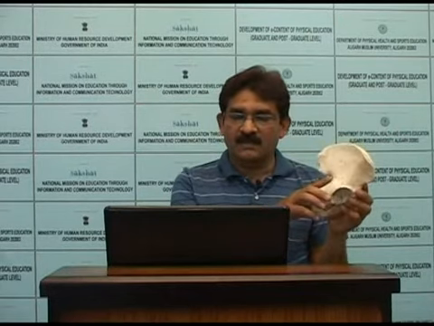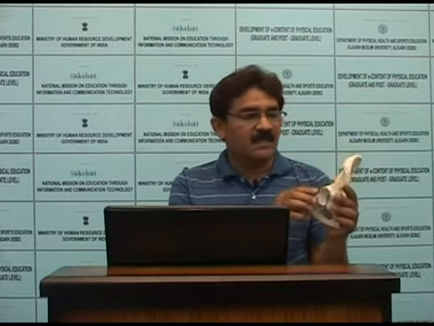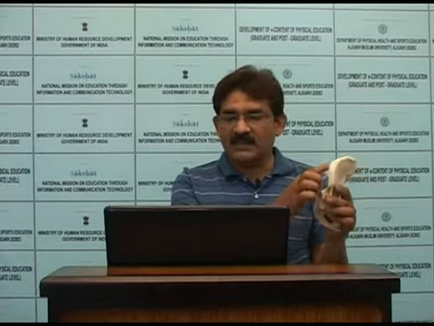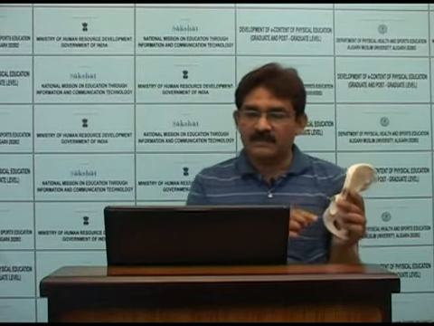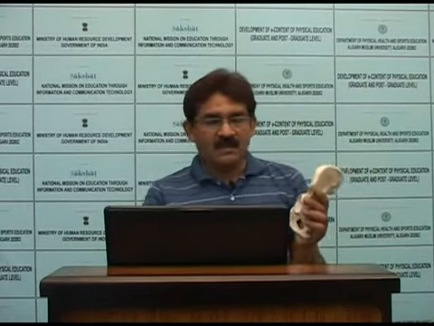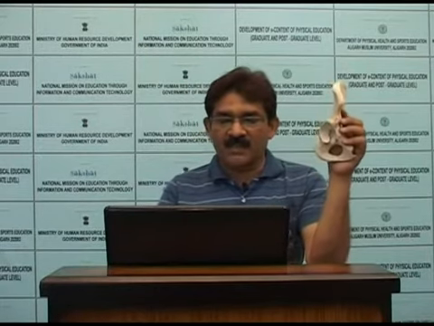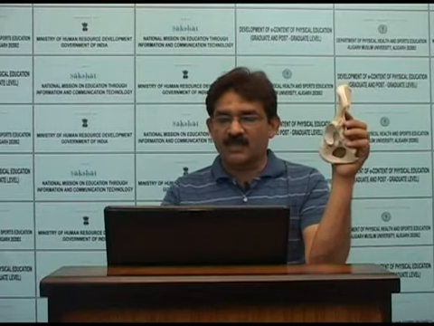Here is the greater sciatic notch. This is the gluteal surface of the ilium, the iliac fossa, arcuate line, auricular surface, and iliac tuberosity.